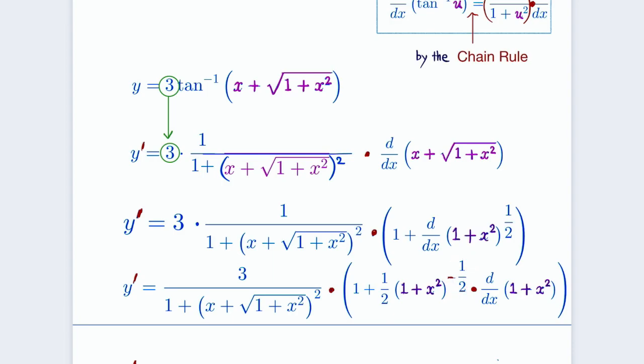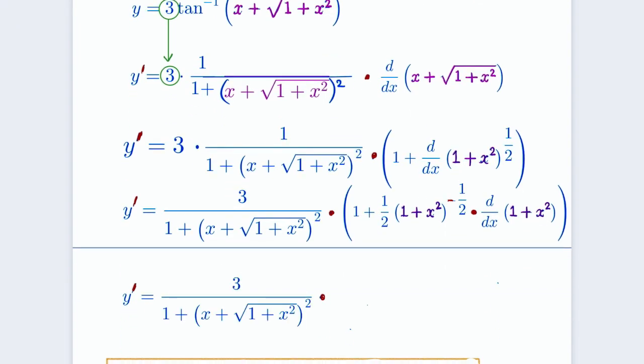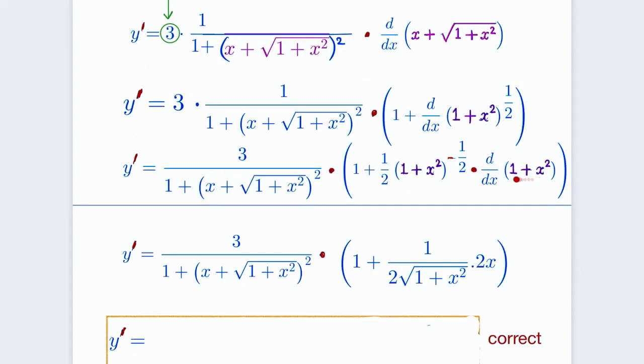So the derivative of the outer function here will be this. And then don't forget to use the chain rule because we have this inner function here. So we multiply the derivative of this inner function with respect to x. This one we carry down, and then over here let's simplify. The derivative of 1 plus x squared is going to be 2x here.